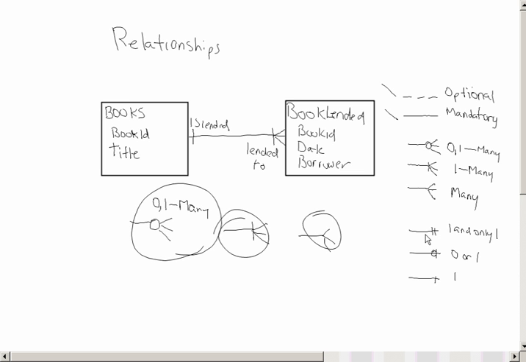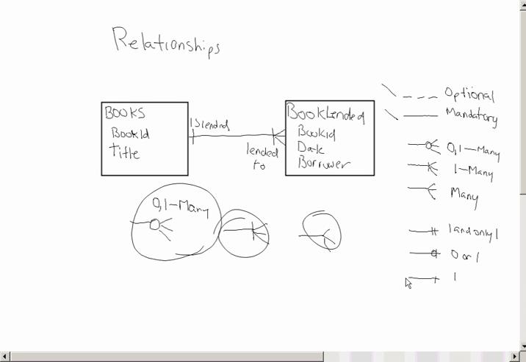There is also a notation on the side that does not have a crow's foot. Now, keep in mind, when I don't have the crow's foot, it means that I do not have many. I'm not breaking it out in some fashion, but there are some options that I can have on this side.